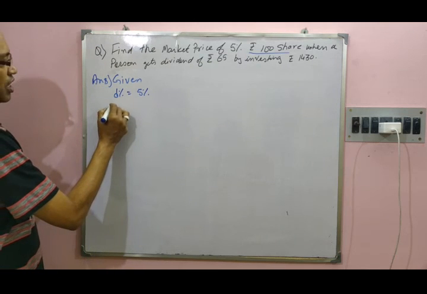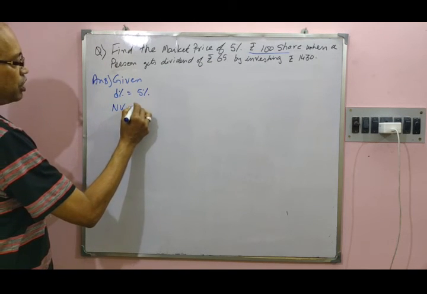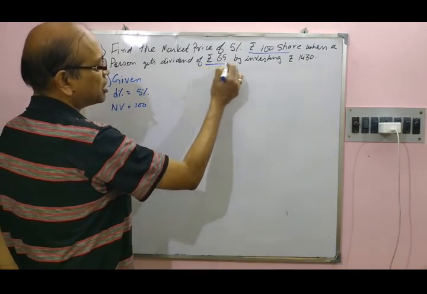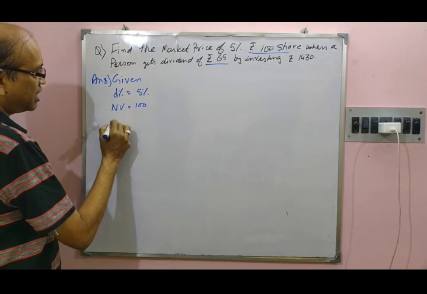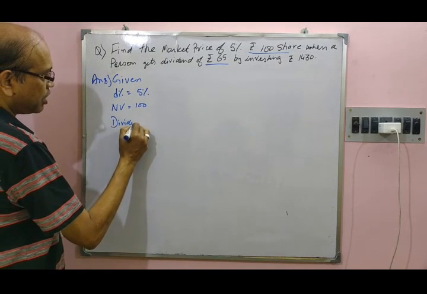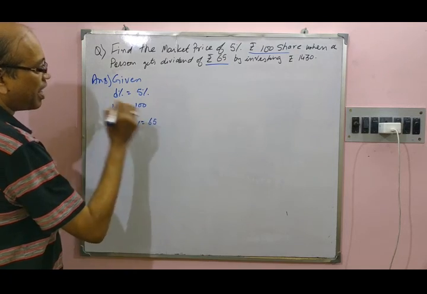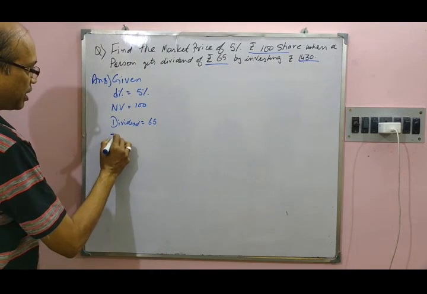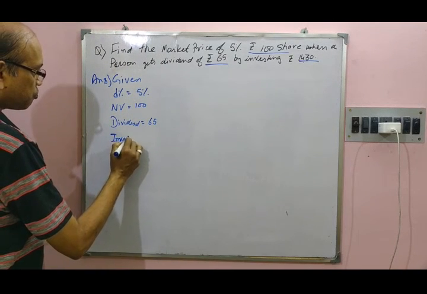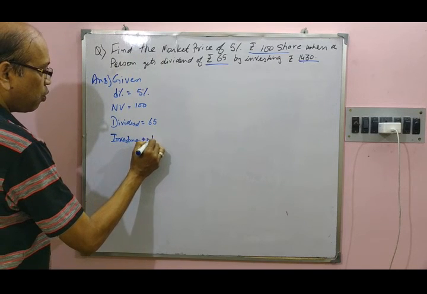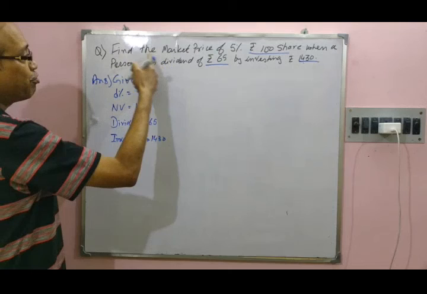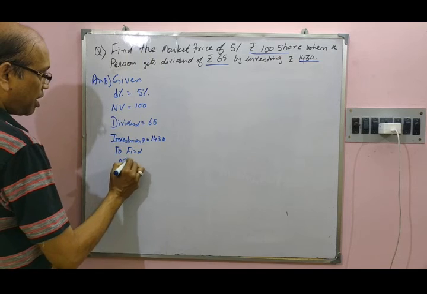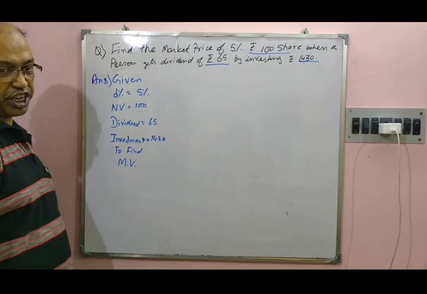It means the nominal value is 100. Rupees 65 is the dividend. And what is this 1430? Investment. What we have to find? To find market value of one share.